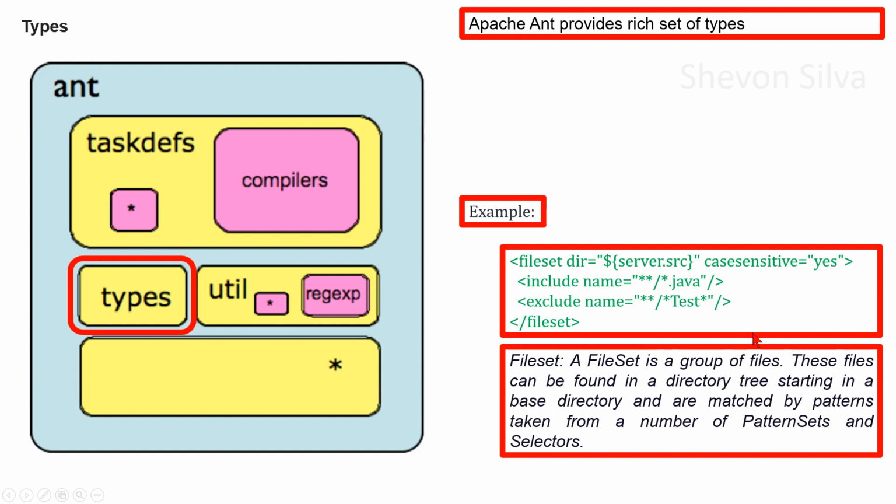Patternsets can be specified as nested patternset elements. In addition, fileset holds an implicit patternset and supports nested include, includesfile, exclude, excludesfile elements of patternset directly, as well as patternset attributes.